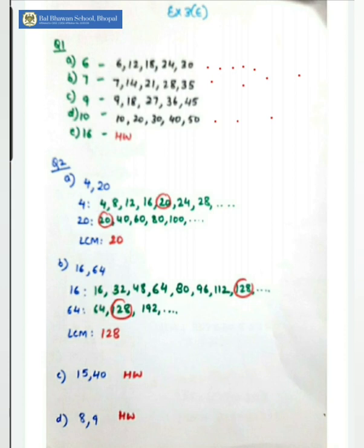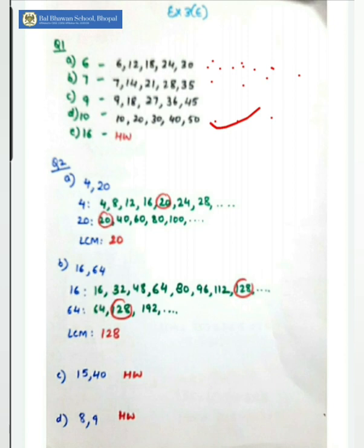So the multiples of 6 are 6, 12, 18, 24, 30, and so on, which can be calculated by writing the table of 6. Similarly, the multiples of 7 are 7, 14, 21, 28, 35. The multiples of 10 are 10, 20, 30, 40, 50. I can find infinite multiples of a given number.